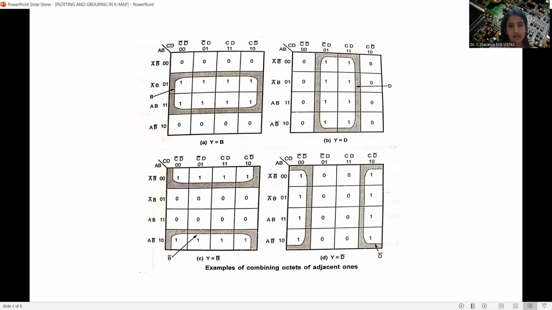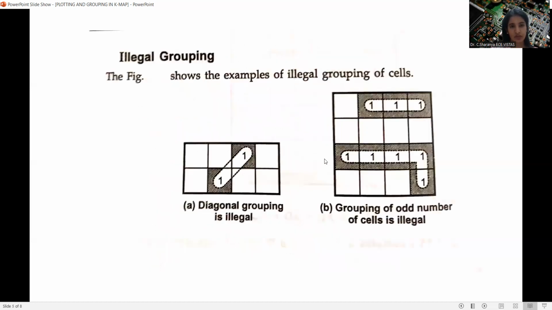These are the other ways of grouping 8 ones together in a 4 variable K-map. We can group the center 8s, the corner 8s, corner horizontal 8s, corner vertical 8s. This is the vertical center 8. There is also illegal grouping, where we don't allow diagonal grouping.